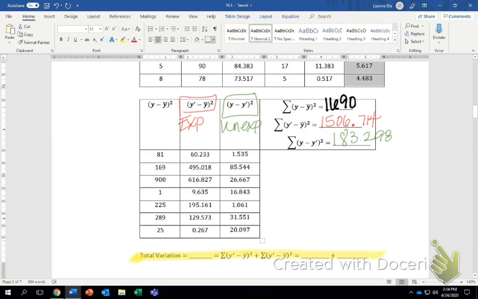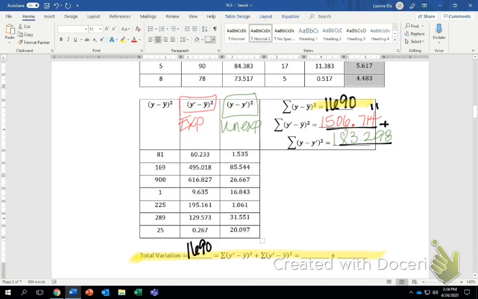Okay, so this formula down here at the bottom is the formula that you had at the beginning of page 1, which was about total variation. Okay, so they're saying that this value right here should equal these two values added. That's what they're saying. So all I'm doing is I'm going to prove to you that this is true. So the total variation is 1,690.